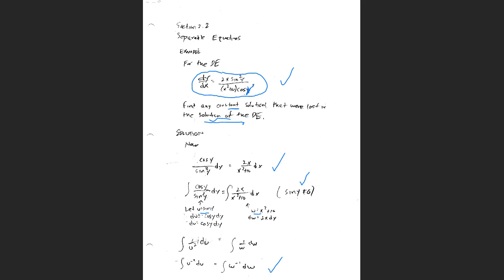So let me give you a moment to catch up here. Are there any questions so far? Okay, Zachary, hold on. The second line of the du is just du equals cosine of y dy.